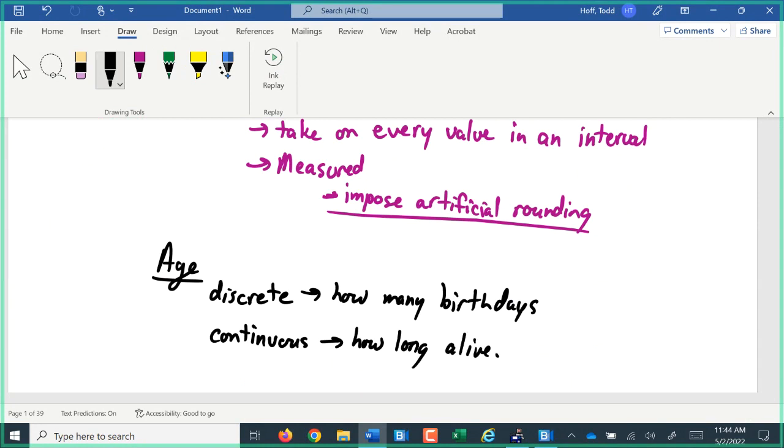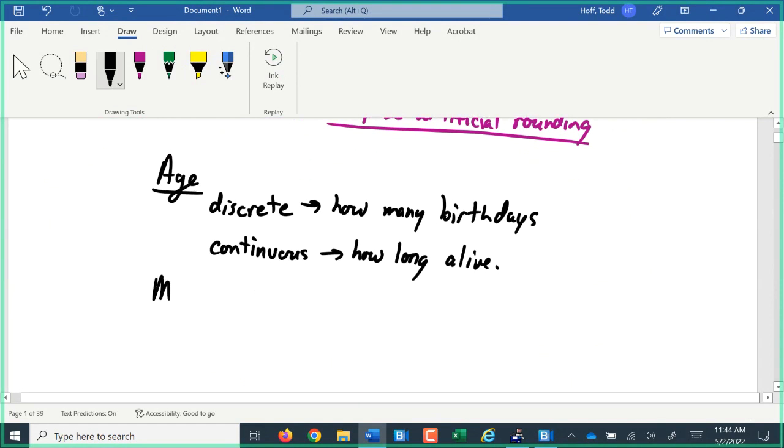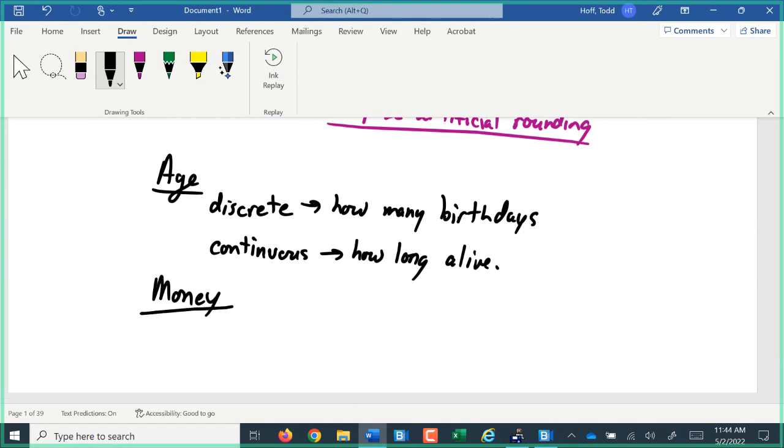The other one that kind of ends up being a gray area is money. We can have a fraction of a dollar. In fact, pennies are fractions of a dollar or decimals of a dollar. But it is natural to round to a penny, or 1/100th of a dollar.